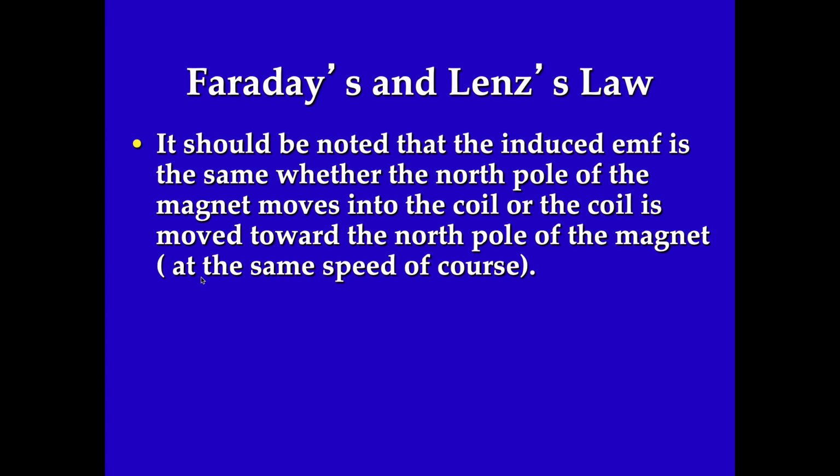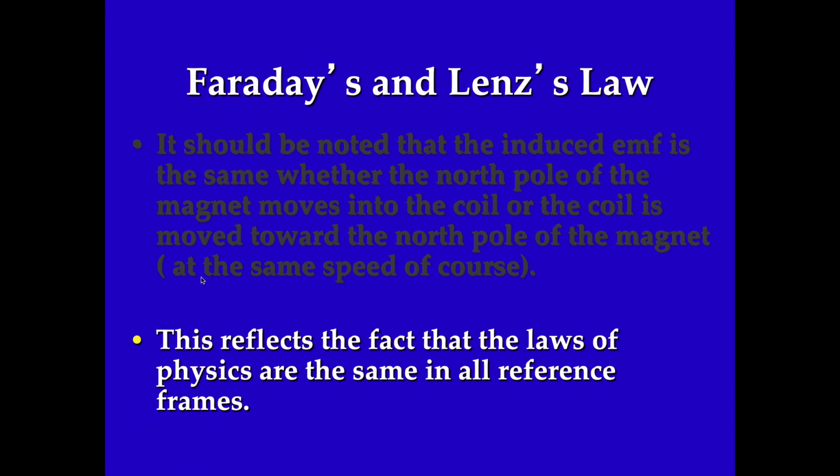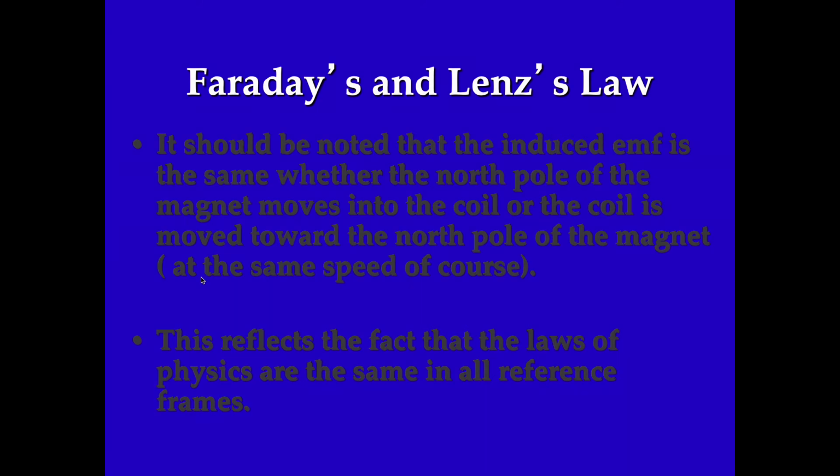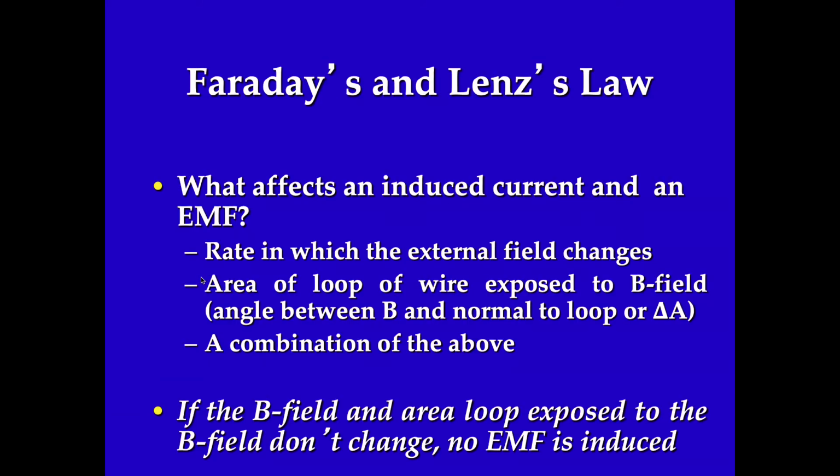Whether I move the north pole of the magnet into the coil or I move the coil towards the magnet, I really get the same induced EMF. Same magnitude, not the same sign. That's a reflection of the fact that all the laws of physics are the same in all reference frames. So what affects an induced current and an induced EMF?